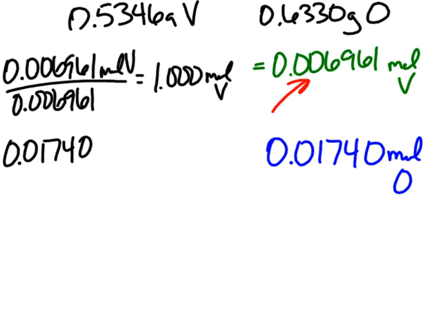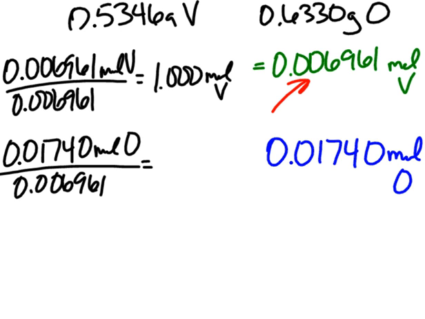0.01740 moles of oxygen divided by 0.006961. My answer ends up to be 2.500 moles of oxygen.